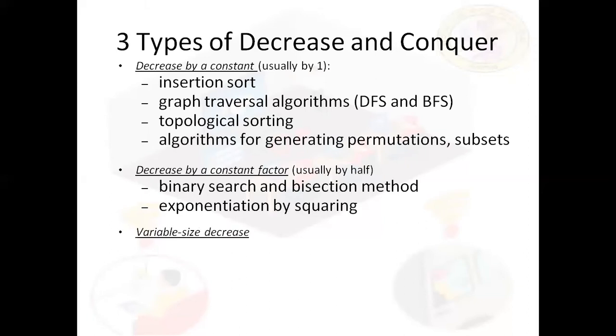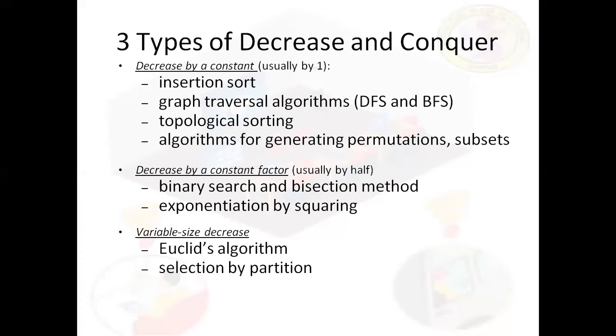And the third type of decrease and conquer is a variable size decrease, where the problem may be decreased at different sizes. For example, Euclid's problem that we have seen already in the first sessions belongs to the decrease and conquer category.